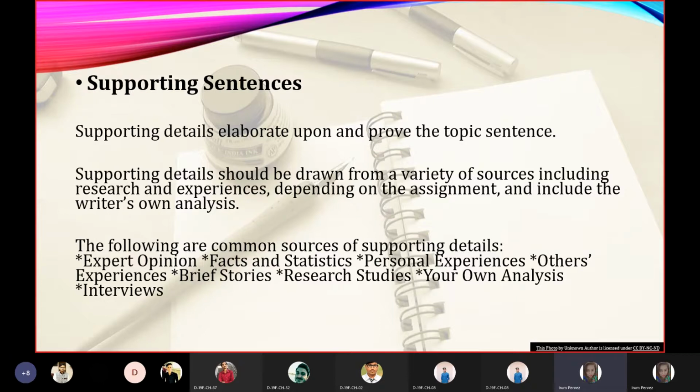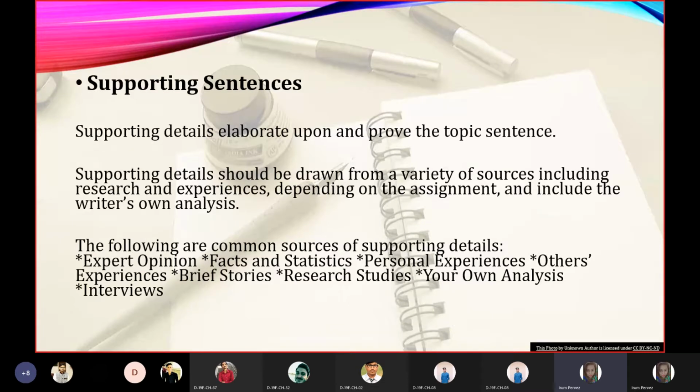It could be the writer's own analysis, even your own statement. For example, if you are writing an essay on pollution and you say that pollution affects our health, you won't be giving your personal experiences there. You would be giving supporting sentences based on research and experiences, right?